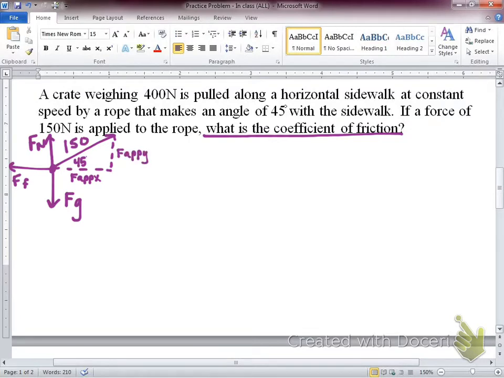Just tell me right off the bat, will our normal force and our gravitational force be equal to each other?